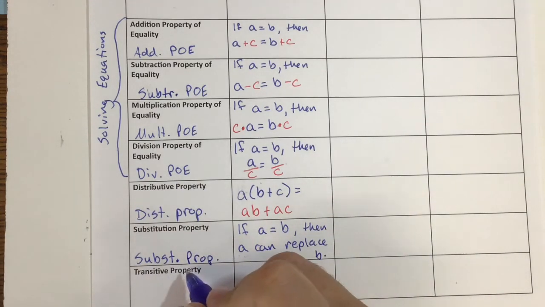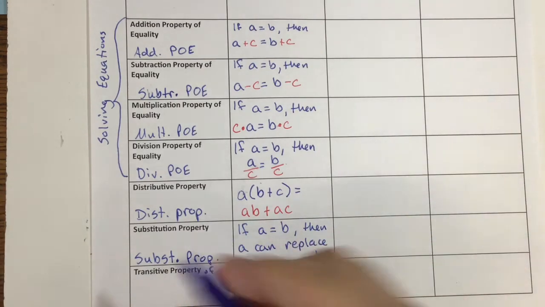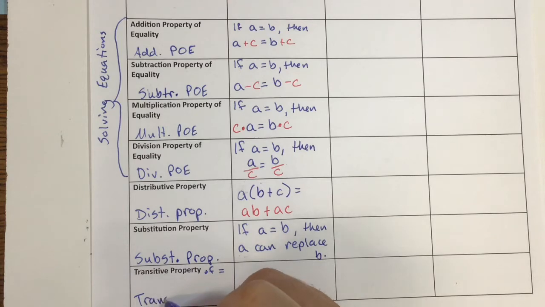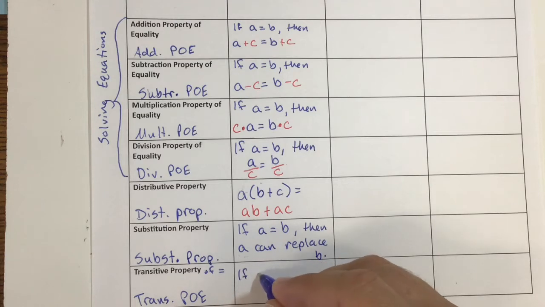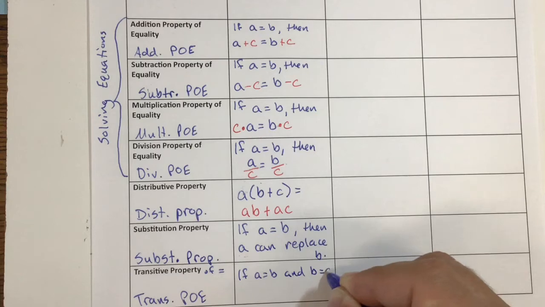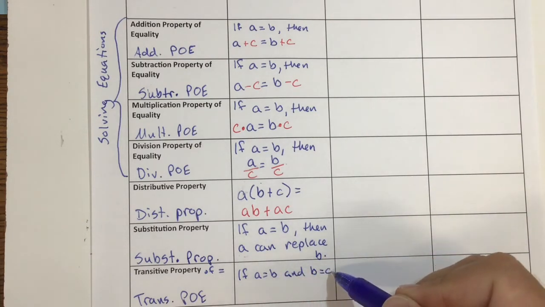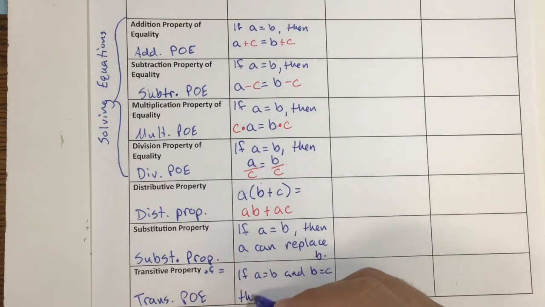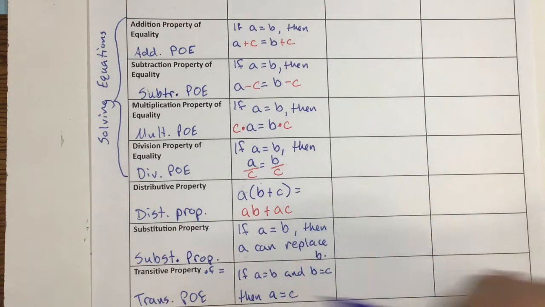Okay, and lastly, the transitive property. Now, this could be a property of equality. Okay, so I'm going to write this out as trans POE. And it just says this: if A equals B and B equals C, so I've got one thing equal to a second thing, the second thing equal to a third thing, then that first thing, that one thing A, is equal to the third thing C, because it's also equal to B. I can use substitution to get to this property.